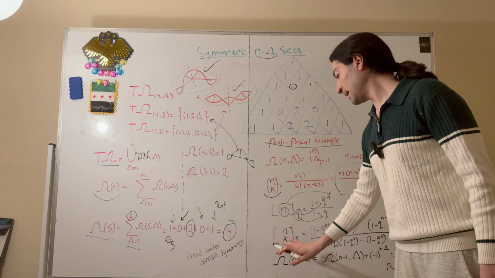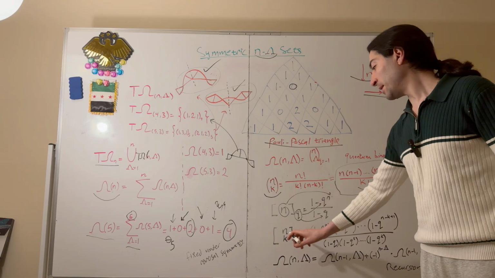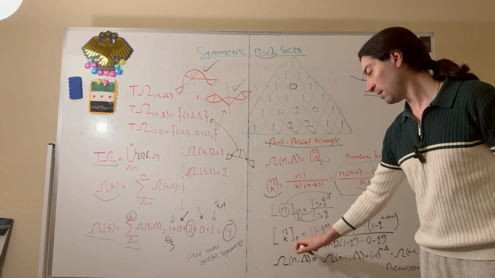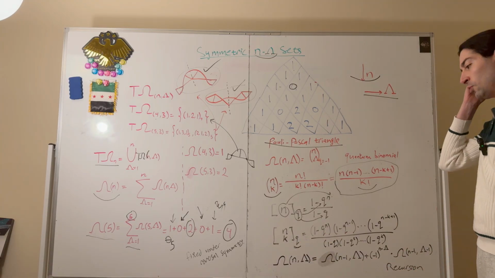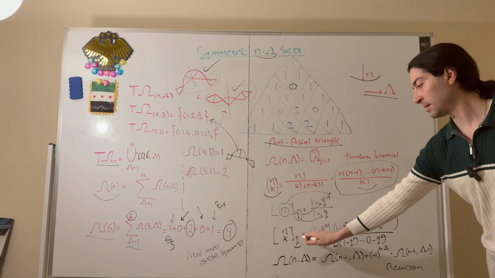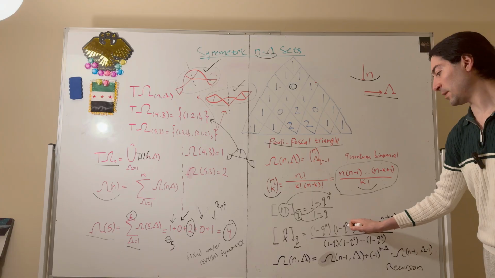Now, if we look at the quantum binomial expansion, then we say n choose k for a q expansion is equal to 1 minus q to the n, again this is the q, times 1 minus q to the n minus 1.